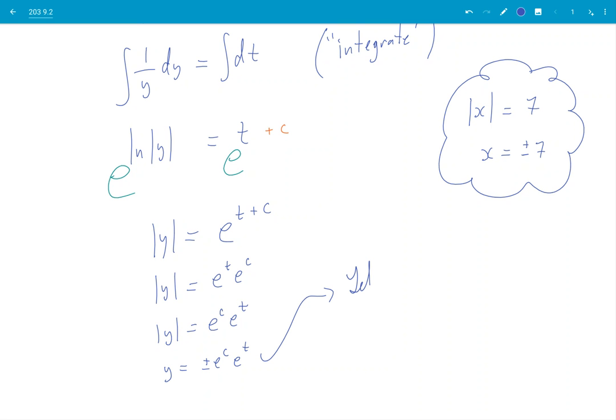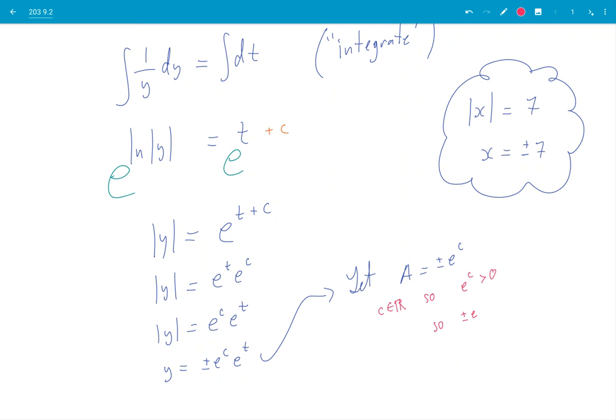To simplify this expression, we'll say let a equal this plus or minus e to the c. And we should say something here. c is any real number. So e to the c is a positive number.